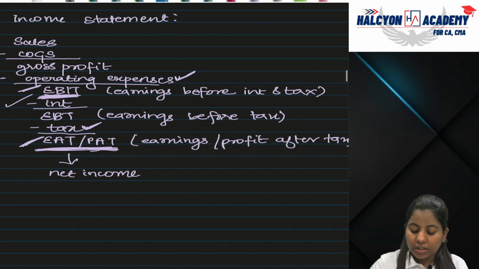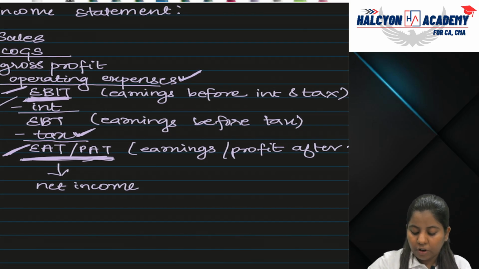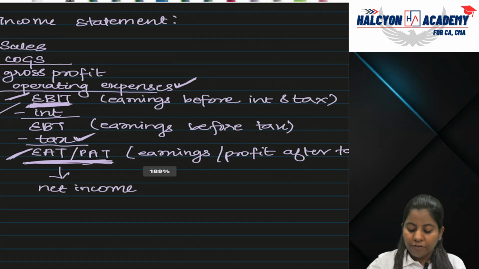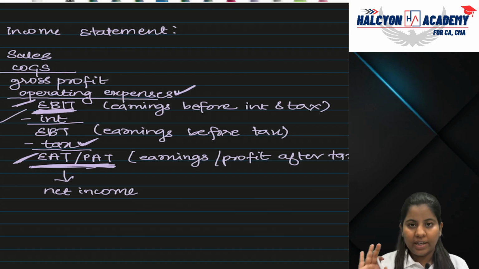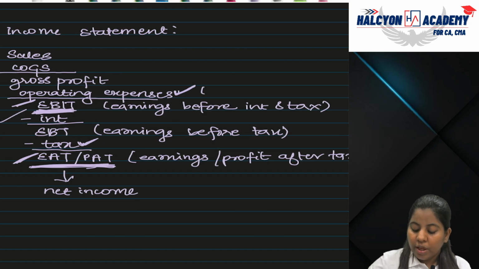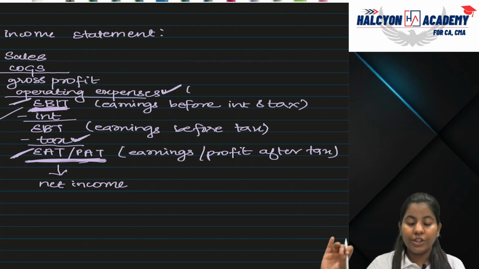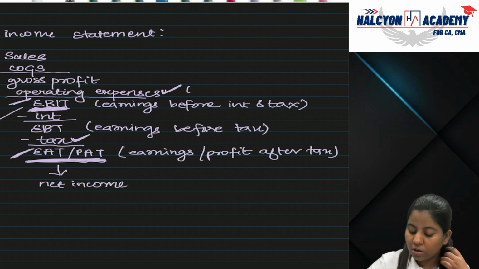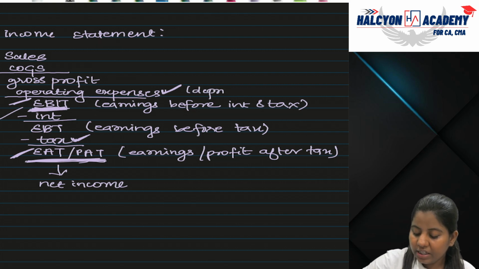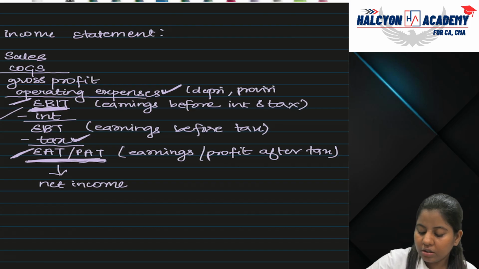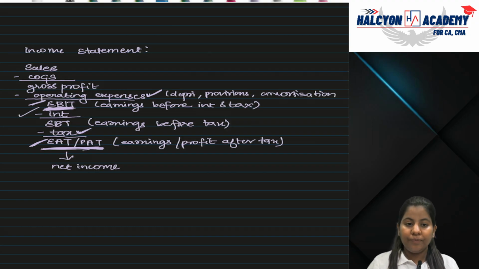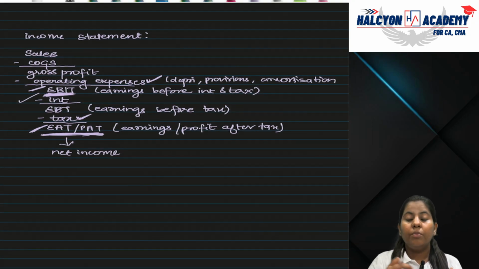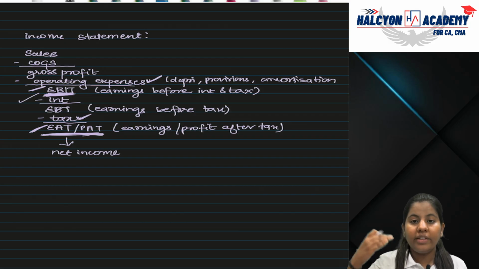Another thing: for coming to this EBIT, we have deducted operating expenses, which include non-cash expenses also, that is depreciation, provisions, amortization. So can you tell me why depreciation, provisions and amortization are non-cash expenses?